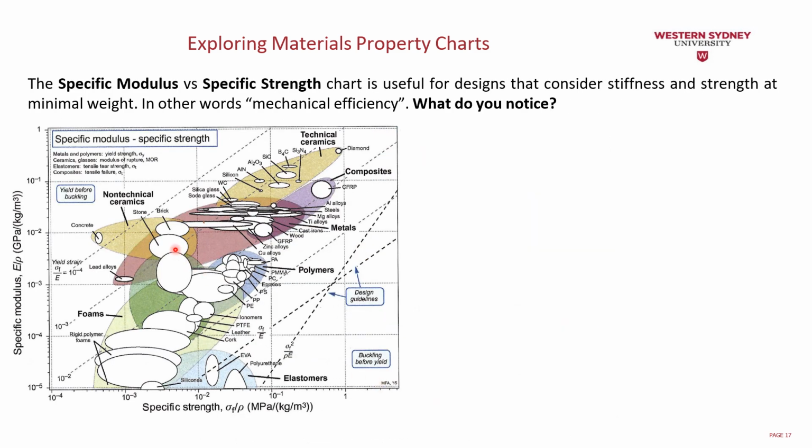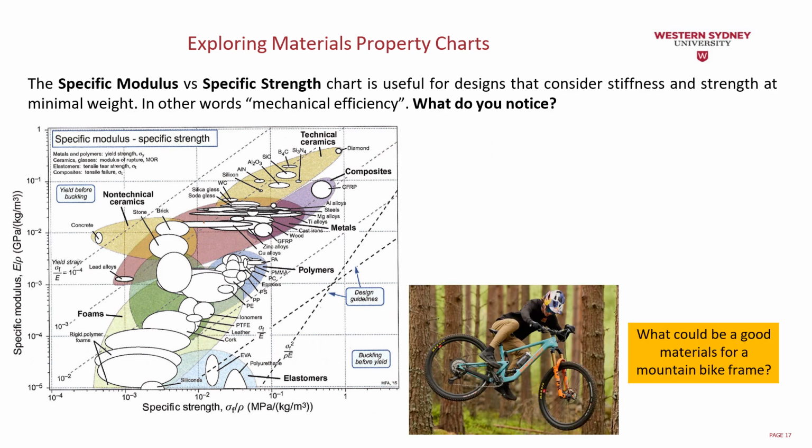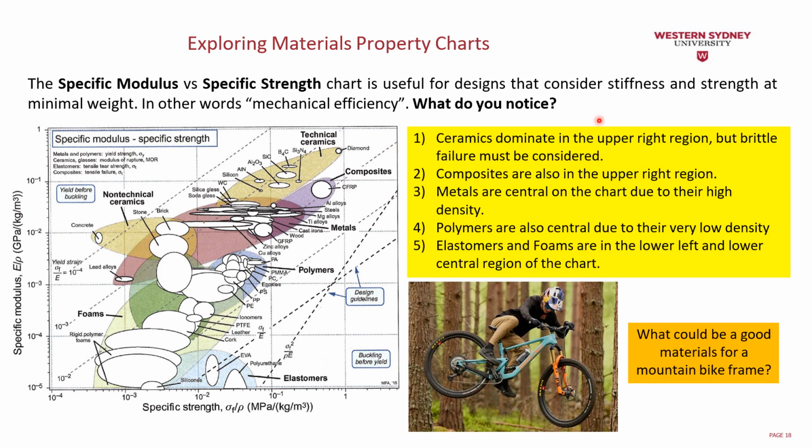This specific modulus and specific strength chart is useful for designs that consider stiffness and strength at minimal weight, in other words the mechanical efficiency. So what do we notice here? First, the ceramics dominate the upper right region, but brittle failure must be considered for ceramics.